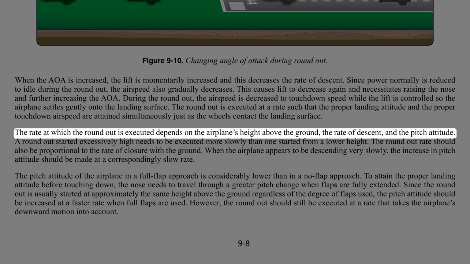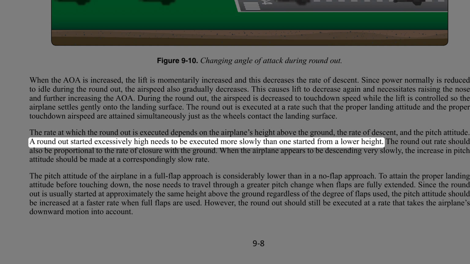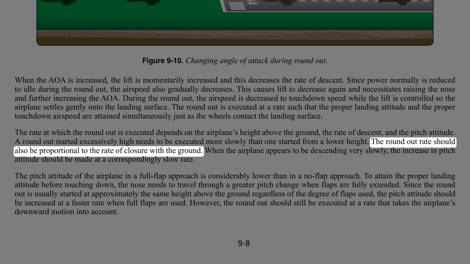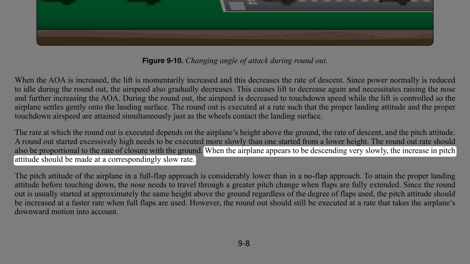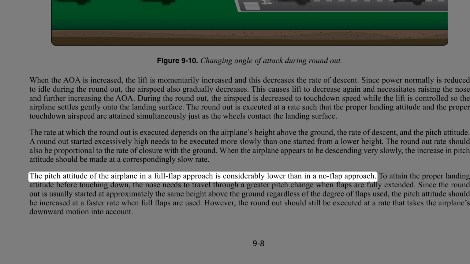The rate at which the round out is executed depends on the airplane's height above the ground, the rate of descent, and the pitch attitude. A round out started excessively high needs to be executed more slowly than one started from a lower height. The round out rate should also be proportional to the rate of closure with the ground. When the airplane appears to be descending very slowly, the increase in pitch attitude should be made at a correspondingly slow rate. The pitch attitude of the airplane in a full flap approach is considerably lower than in a no flap approach.